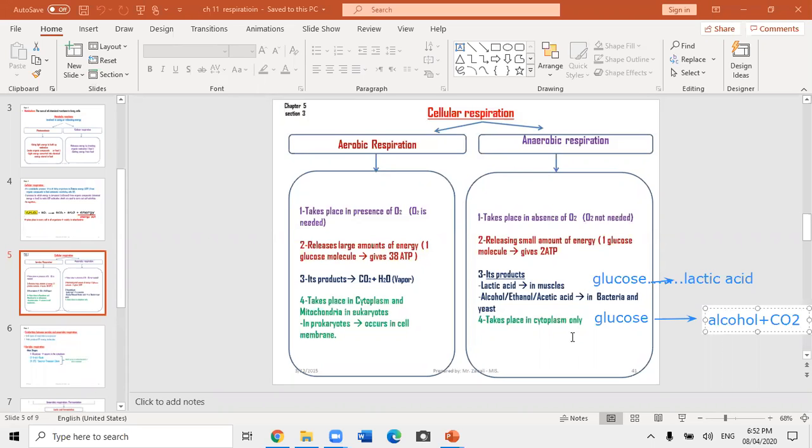So this is concerning how glucose is broken down in the absence of oxygen in the bacteria. Okay, this we call anaerobic respiration.